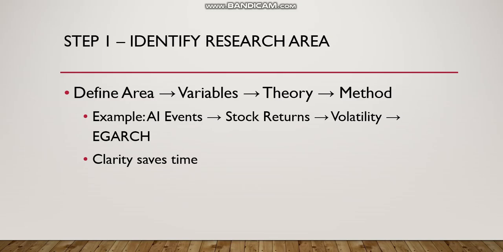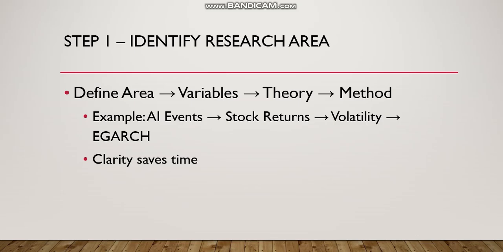All right, so now the steps in doing this. First, this step is very simple but very powerful. Identify the research area clearly. That is to say, you first have to define the area, the variables that will be needed for that research, the theory behind it, and the method you would use.